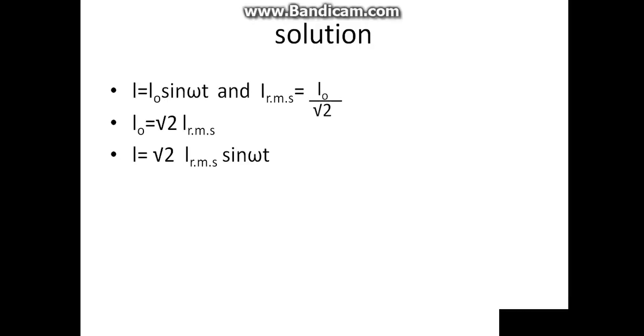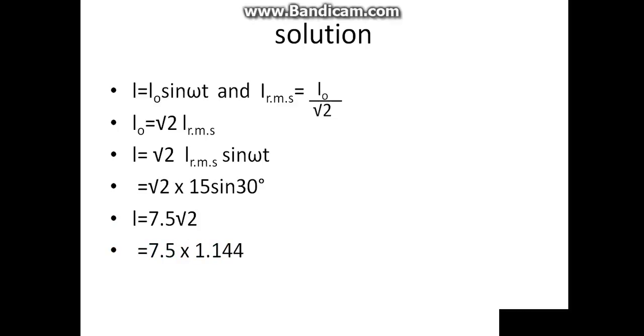I equals square root of 2 times 15 sin 30 degrees. I equals 7.5 square root of 2, which equals 7.5 times 1.414, which equals 10.6066 ampere, or 10.61 ampere approximately.